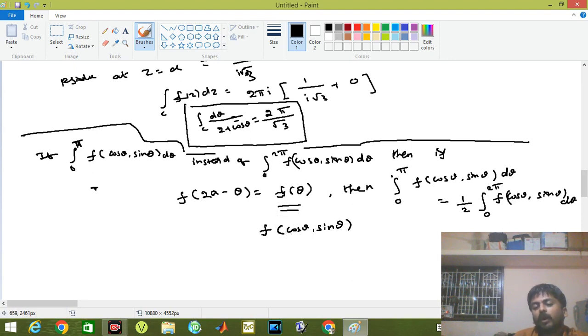If I want to mention the function in terms of two different things, that is cos theta and sin theta, I will write the function like this. If I want to write these two under the same roof, I will have f of theta, because cos theta is a function of theta, sin theta is also a function of theta. So both these are the same.